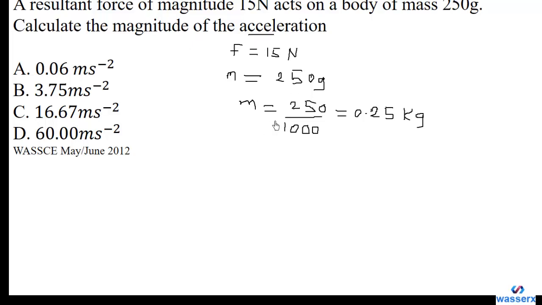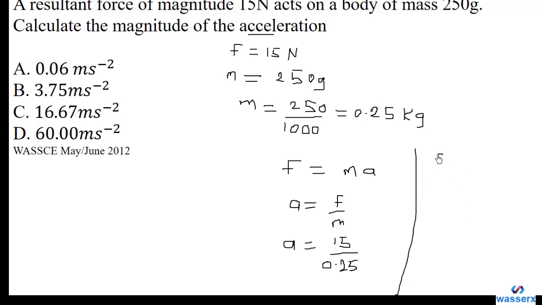So we now substitute into the formula, because we are supposed to calculate the magnitude of the acceleration. From the formula F equals ma, we can make the acceleration the subject to get a equal to F over m. So we substitute the force and the mass to get 15 over 0.25. But 0.25 is the same as 1 over 4.